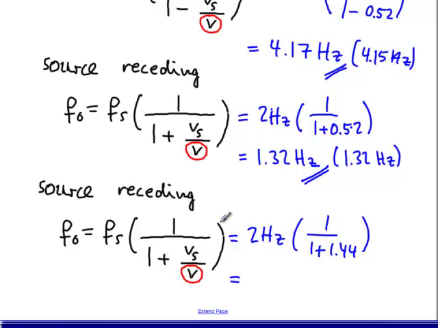So when I plug in the numbers for that receding, I get 2 hertz times 1 over 1 plus 1.44, and I come up with 0.820 hertz. And if you recall, the applet showed us indeed that it was 0.82 hertz.